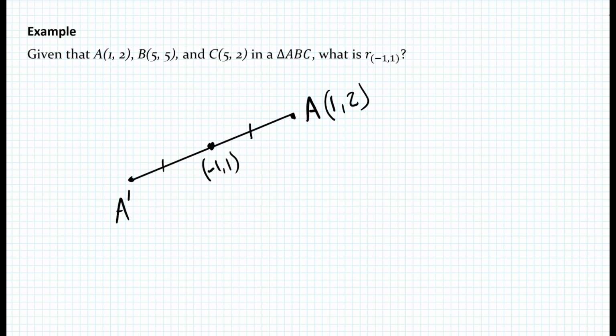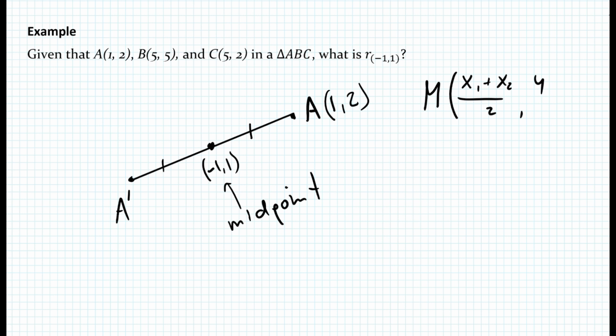Again, by the definition, this is now the midpoint, okay? So what we can do here is utilize the midpoint formula. And how would you do that? Well, according to the midpoint formula, we know that the midpoint is defined as ((x1 + x2)/2, (y1 + y2)/2), okay?